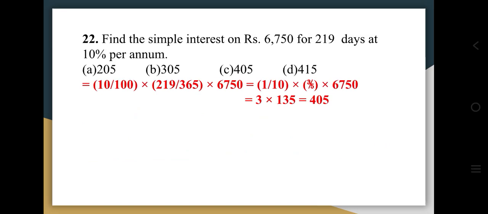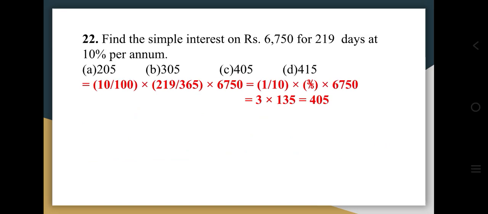So we convert 219 days into years. So 219 days is 219 divided by 365 years, because for 1 year, there are 365 days.